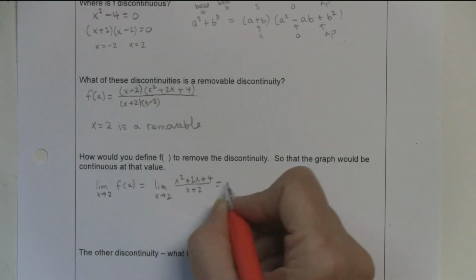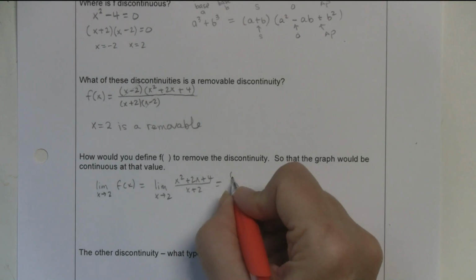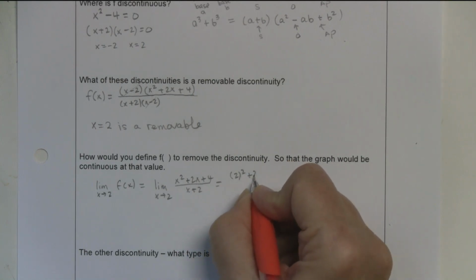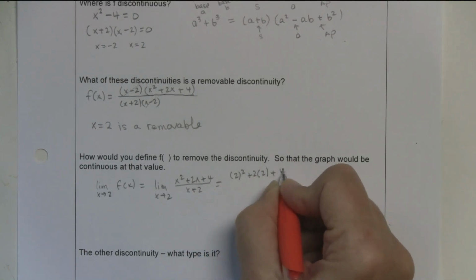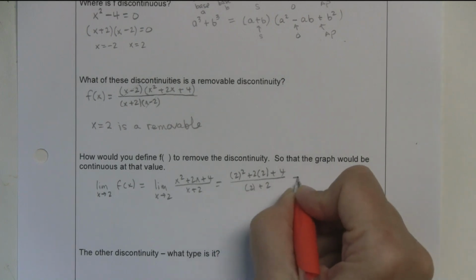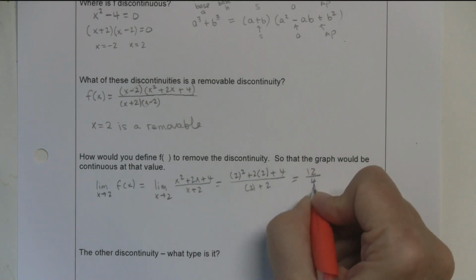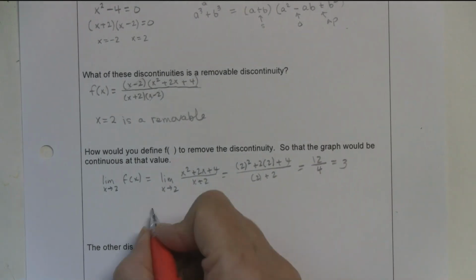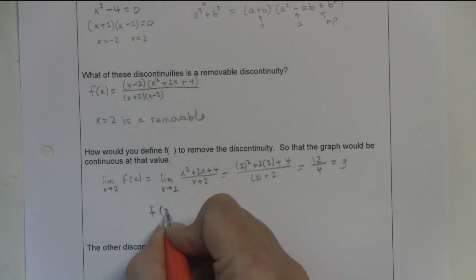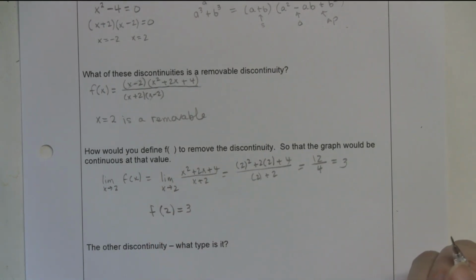When I substitute in, I get 2 squared plus 2 times 2 plus 4 over 2 plus 2. So this is 4 plus 4 plus 4, that's 12, over 4, that's 3. So I would need to redefine f at 2 to equal 3, and then it would be continuous.